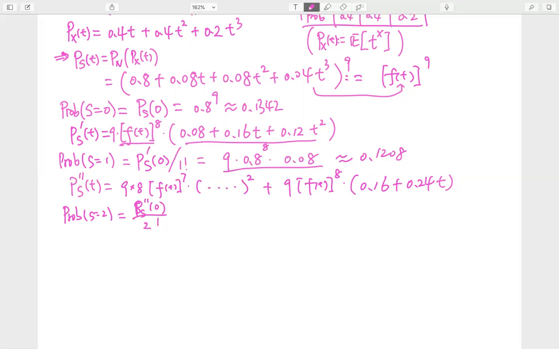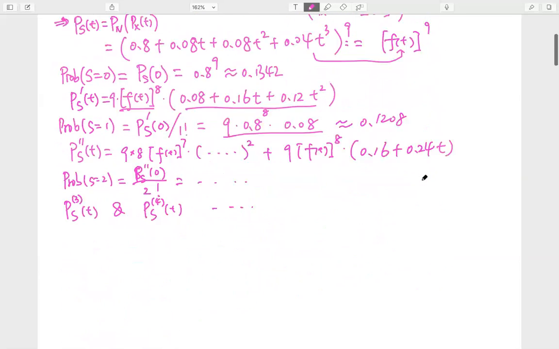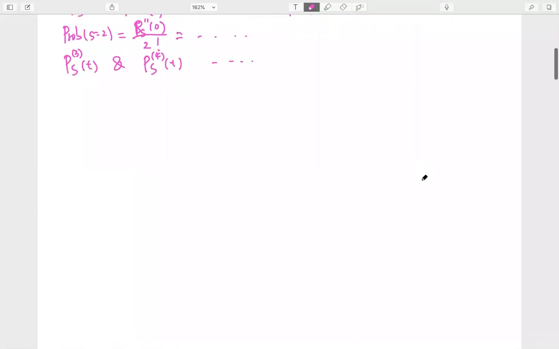Remember now you divide by 2 factorial, which is 2. So you need to continue. We also need the probability at 3, which means differentiating 3 times, and the fourth derivative as well, and then plug in the formula. This will take some time, given your calculation has to be correct.